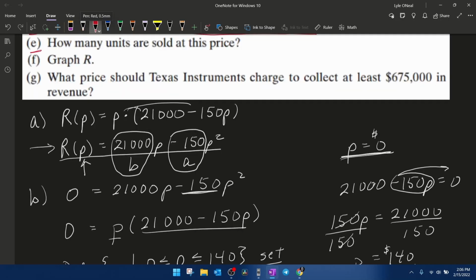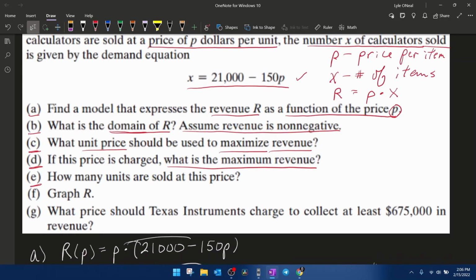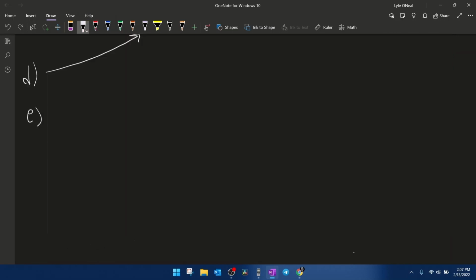Part E, how many units are sold at this price? Well, if we scroll back up just a bit, it says the number of calculators sold is given by this equation. So we can plug in for P and calculate how many calculators are sold. So here we go. X is the number of calculators sold. Plugging into that formula, that's 21,000 minus 150p.